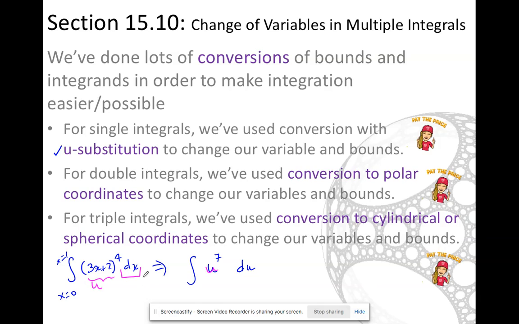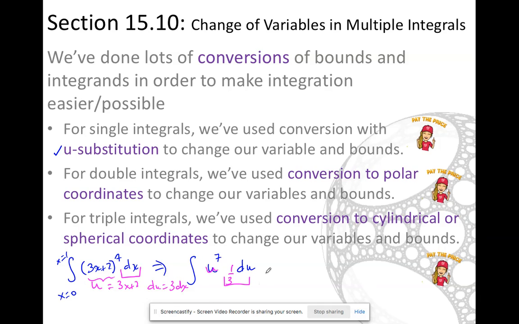But you couldn't just change the region you were integrating over. It didn't directly translate from dx to du, right? You had to say, well, if u is equal to 3x + 2, du was equal to 3 dx, which meant that 1/3 du was actually equal to dx, right?